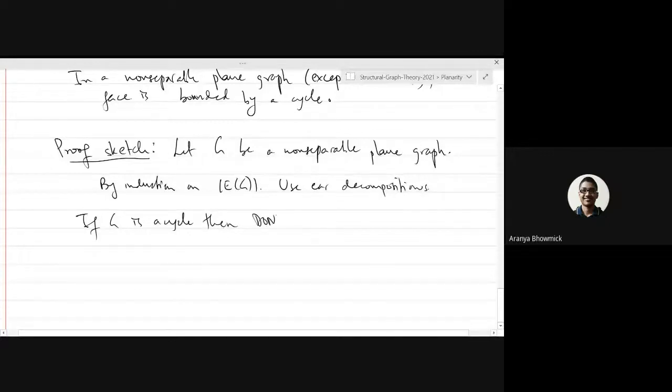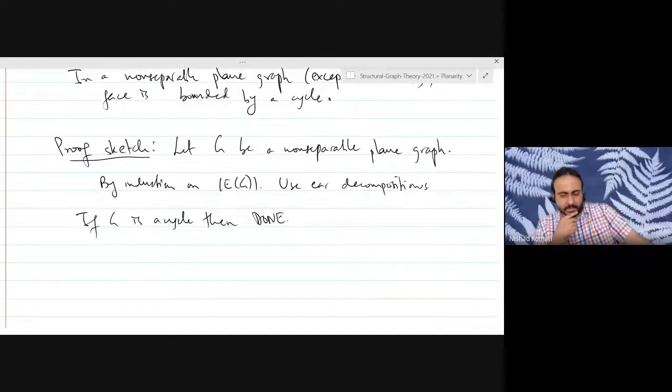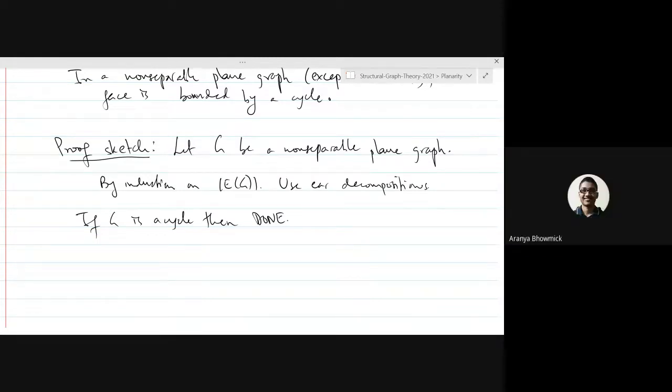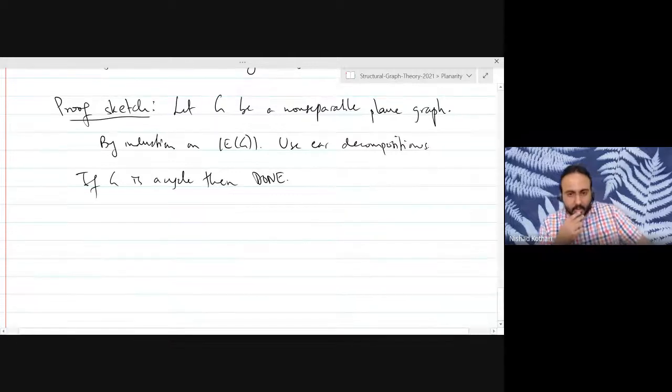I think, sir, it will be by induction on r. If G0, G1, G2, ... is the ear decomposition, then we can do it by induction. It doesn't matter, it's the same thing, right? Whether you induct on the number of ears or the number of edges, it's the same because r is equal to m minus n, as you have proved on assignment 2, right? Yes. So it's the same thing. Okay, so if it is a cycle, then you're done.